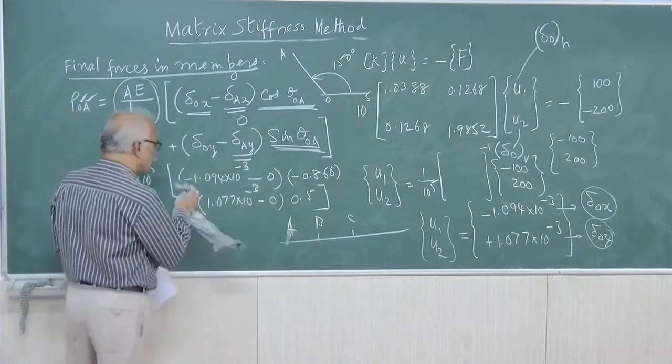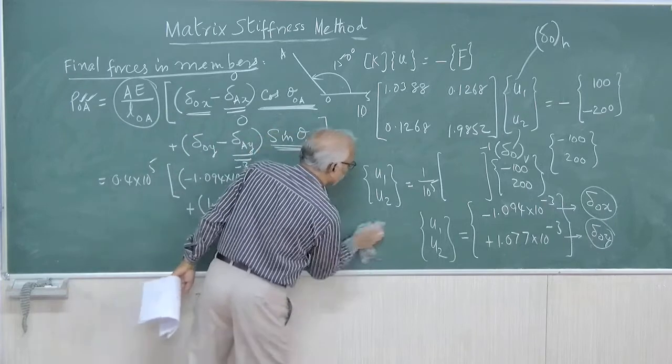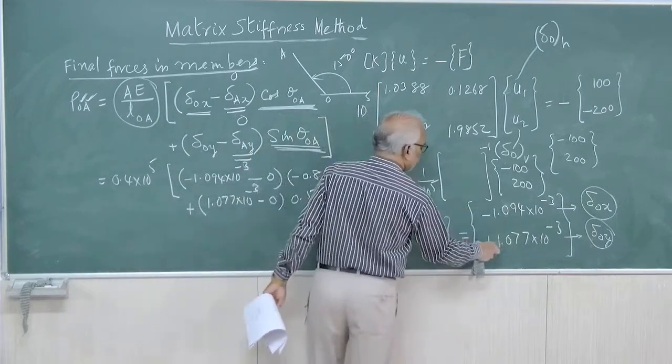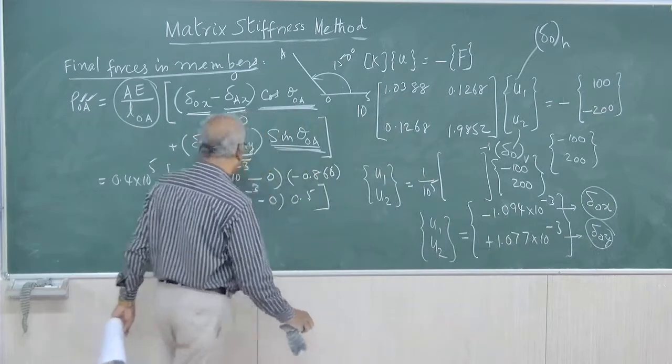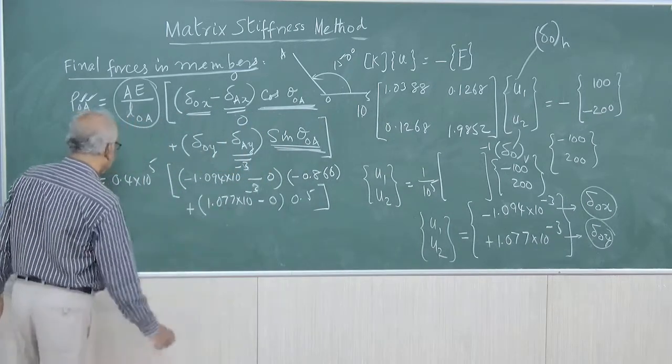So these values are already tabulated. So from the table we have to get the values, excepting these two values, all other values are available in the table.